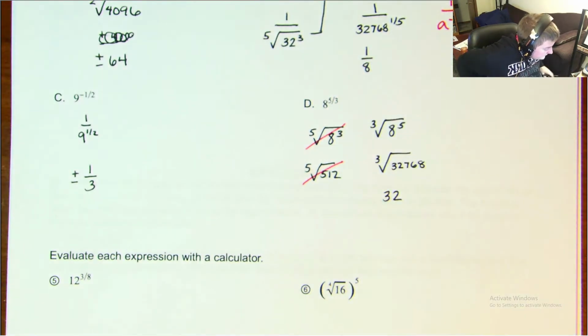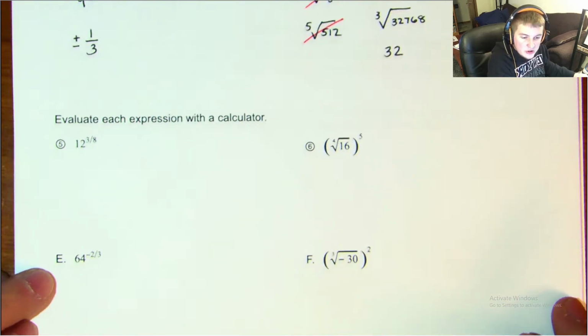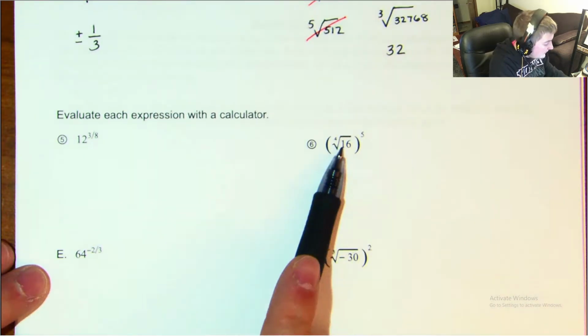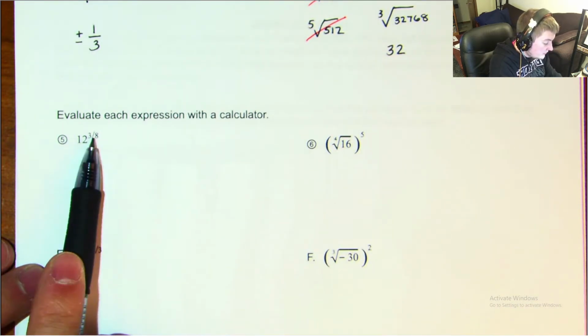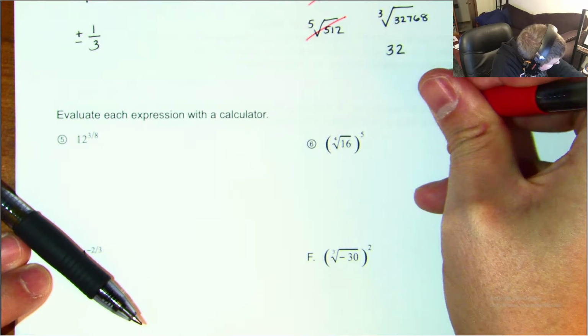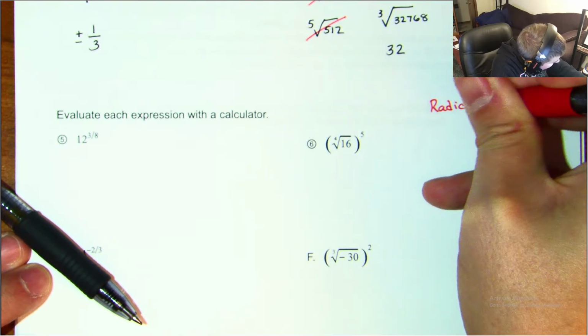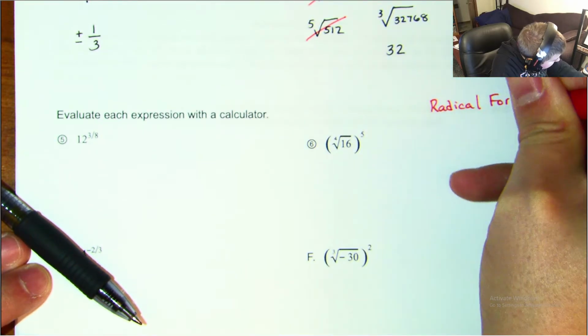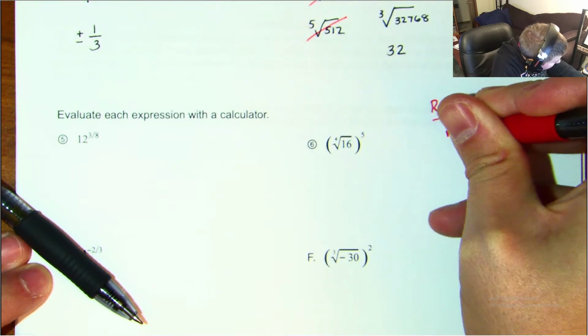Okay, so what we want to do when we do have a calculator is understand that we need to manipulate the problems from radical form to exponential form. If I have something in radical form, that means it's under a root.